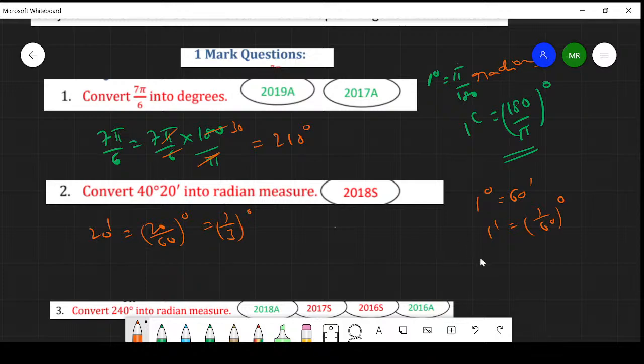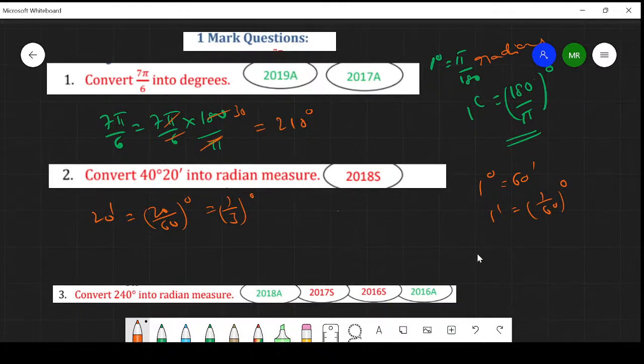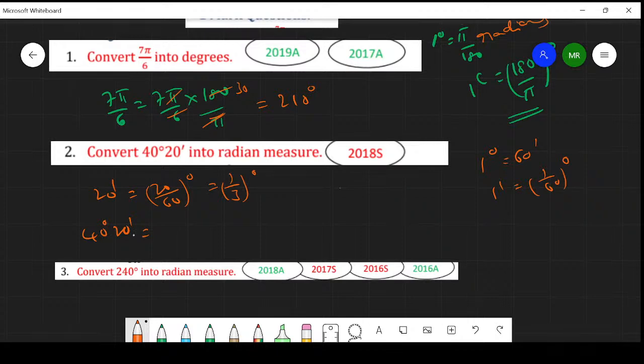Again, first I am converting everything in terms of radian measure. You write 40 degrees 20 minutes, which is nothing but 40 plus 1/3 degree.